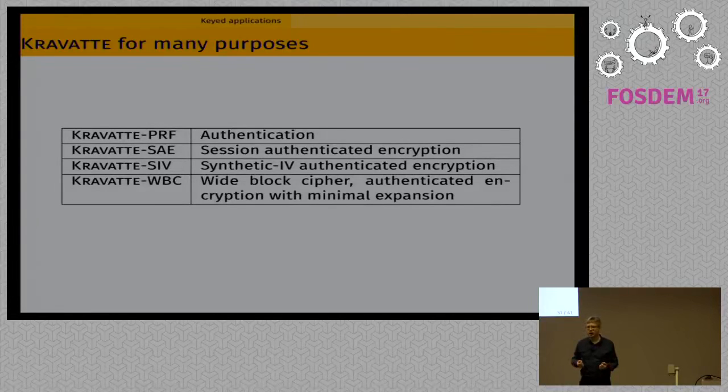And if you want to check the authenticity, then you need to rely either on the existing redundancy of your input, or if you really don't have that, you need to add some redundancy yourself beforehand. But it can be really interesting if you don't want to have any expansion, if you cannot afford to have a tag attached to your message.